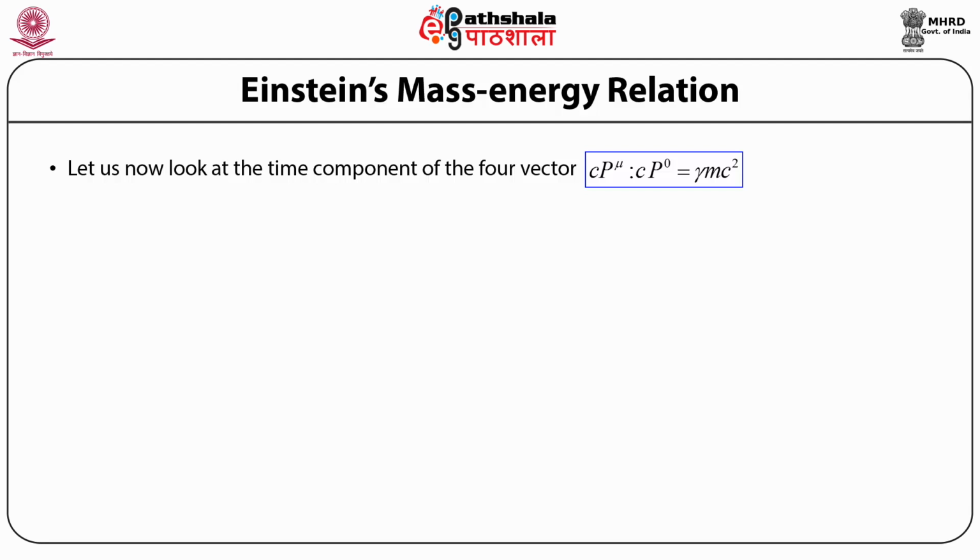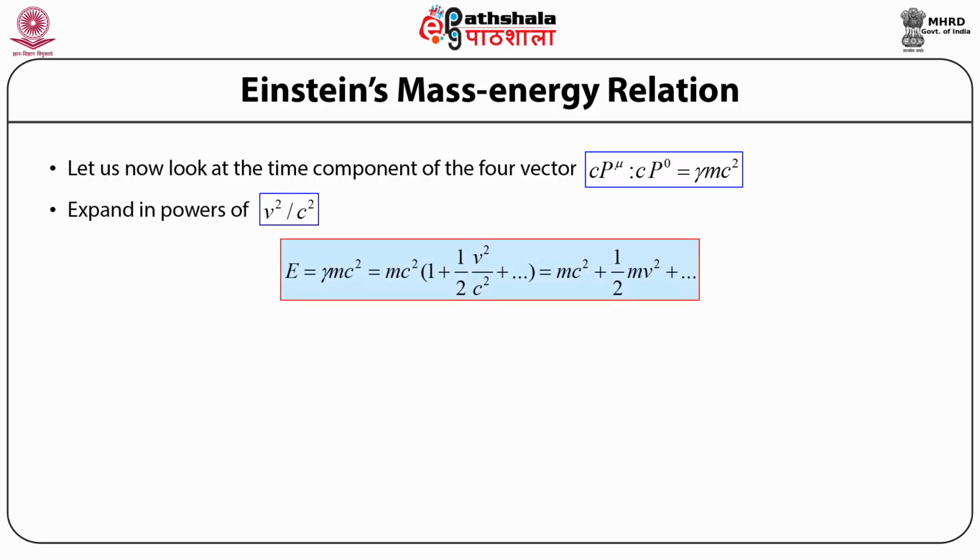Now if we expand in the powers of v square by c square, then the above equation, that is c times capital P superscript 0, which is equal to gamma times m times c square, can be written as m times c square bracket open 1 plus half times v square by c square plus higher orders of v square by c square bracket close.